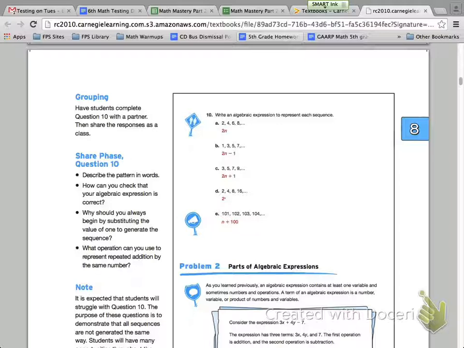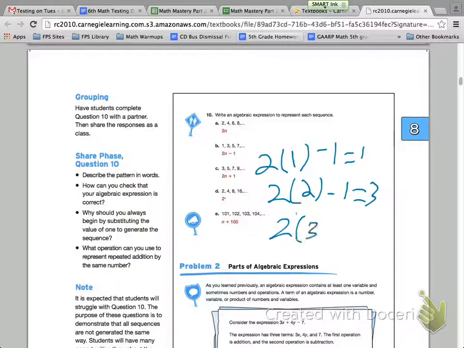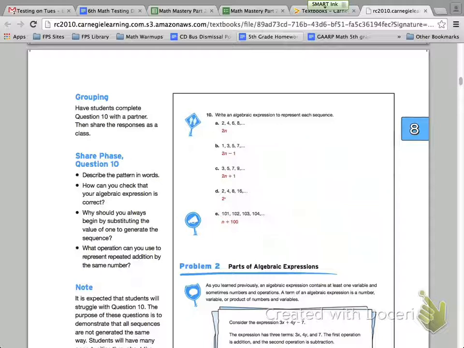So we could represent this if we said 2 multiplied by 1 minus 1, that would equal 1. 2 multiplied by 2 for the second number in the list would be 4, minus 1 would be 3, right? 2 multiplied by 3 for the third number in the list, minus 1, would equal 5. And make sure, again, if you need to make corrections on yours, make those corrections now.